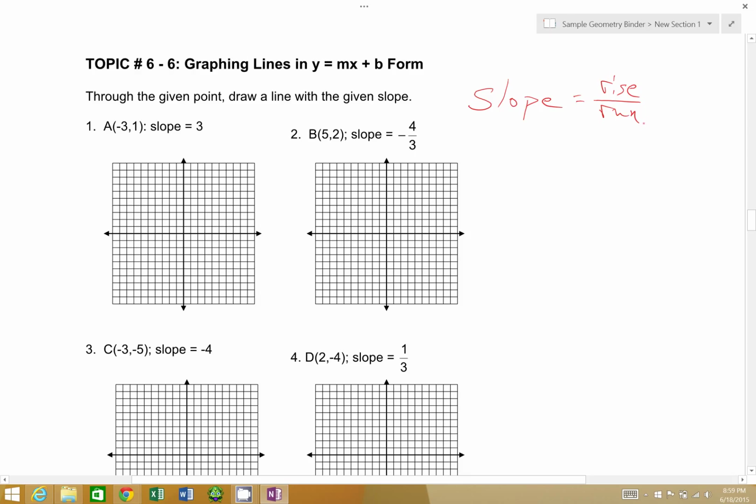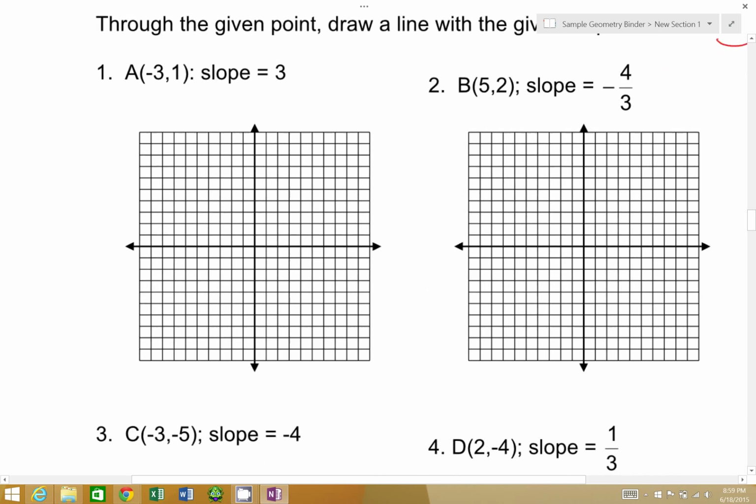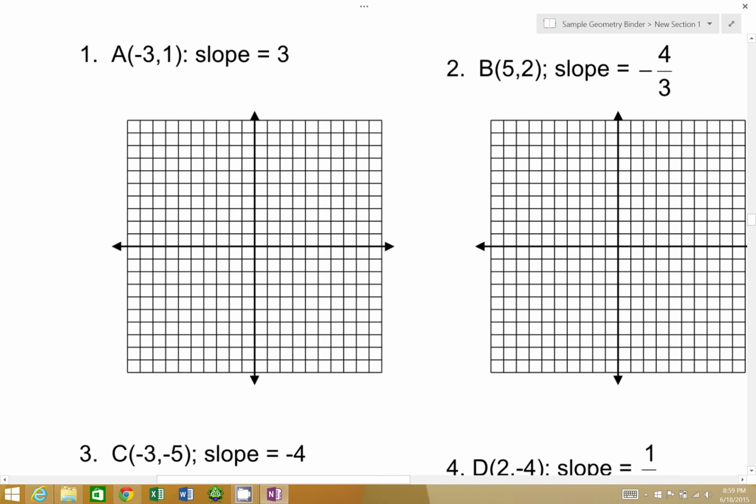So let's graph my point first. Okay? Zoom in here. Negative 3, back 3, 1, 2, 3, and up 1. Now, if the slope is 3, that means it is 3 over 1. Remember, any whole number is simply that over 1 in fraction form. So I'm going to go up 3 and over 1.